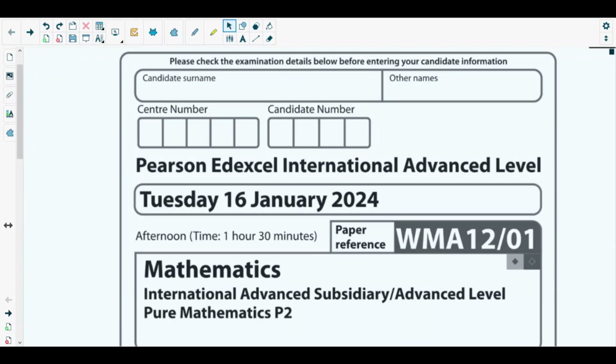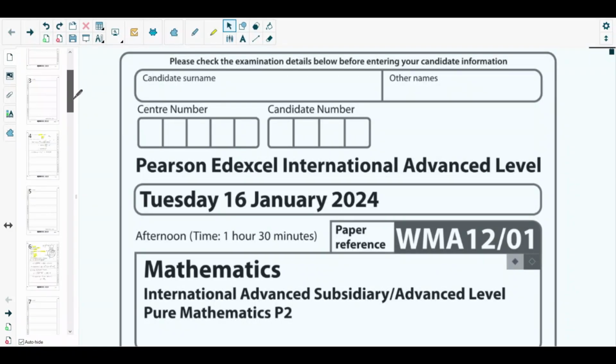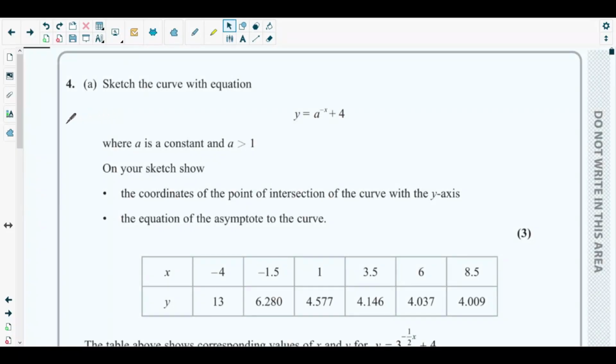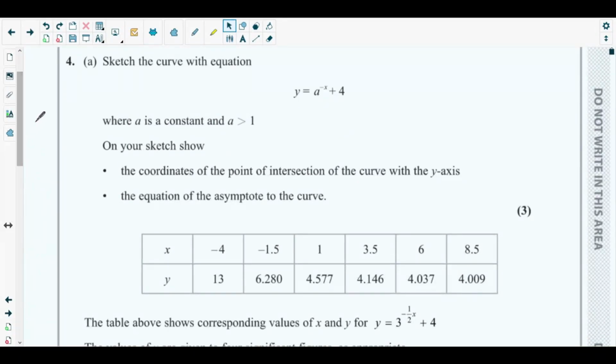In this video, we will be solving question number 4 from the January 2024 Pure Mathematics 2 paper. Let's see what question number 4 is about. The concepts behind it are from exponentials and logarithms, discussed in chapter number 3 of your P2 Pure Mathematics 2 textbook.